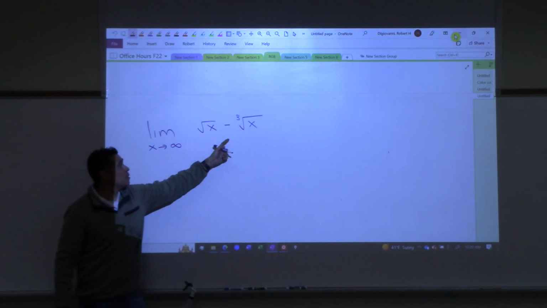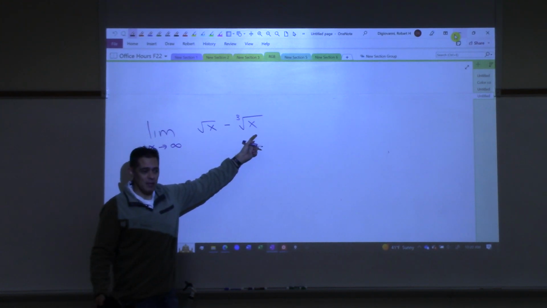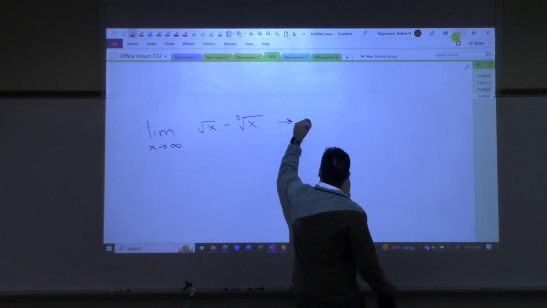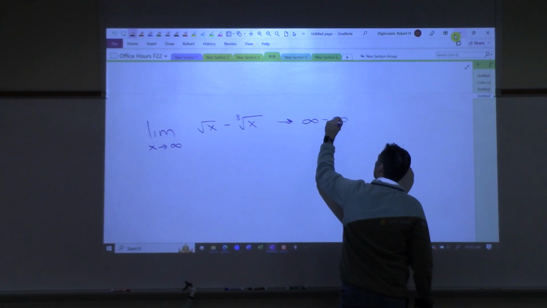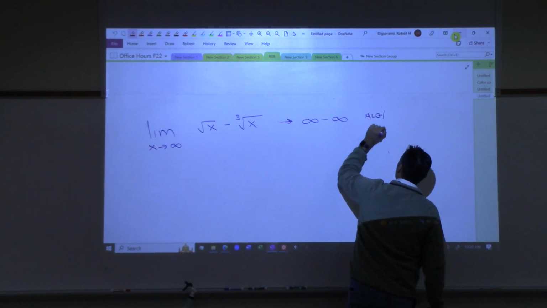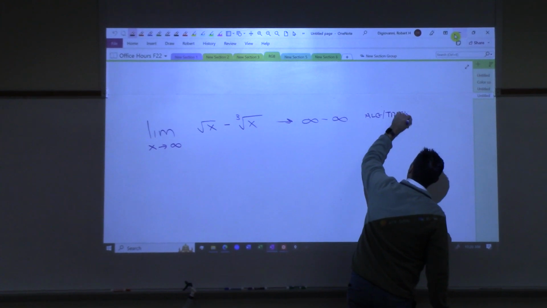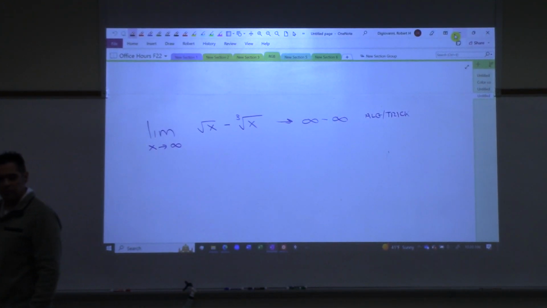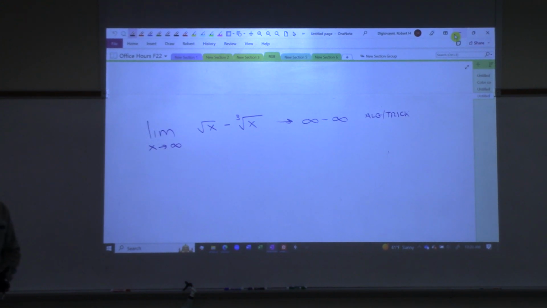Infinity, okay. Cube root of infinity? Still infinity. Subtracting, right? So this is infinity minus infinity, right? So again, we need some algebra right here. We need some sort of trick, whatever it is. And what have I been doing here? Factoring. Okay, can you factor that though?